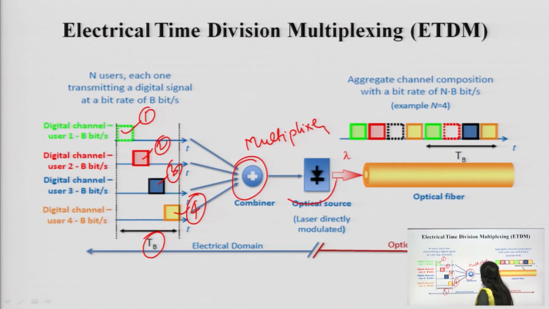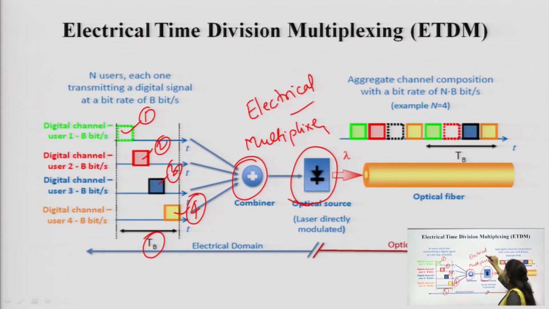And now there is this optical source that will convert the electrical signal. In the previous case, from the start the signals are in optical form, but here at the start the signals are in electrical form and are multiplexed before conversion to optical.